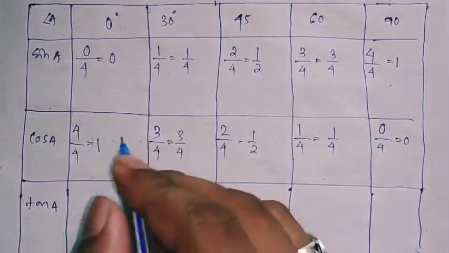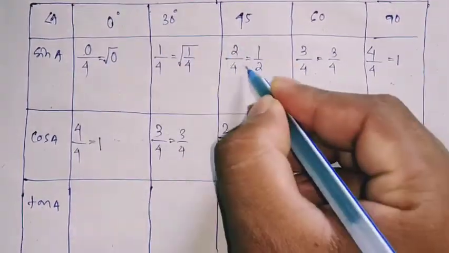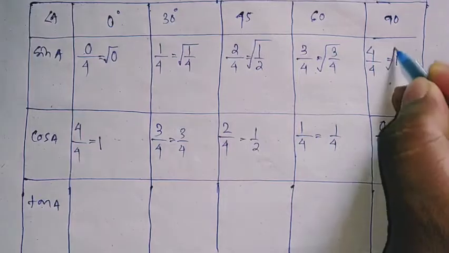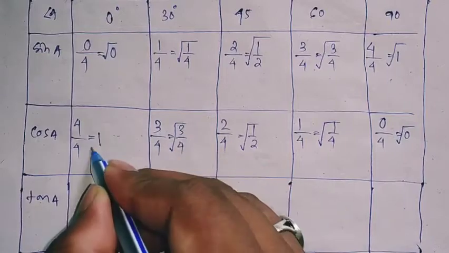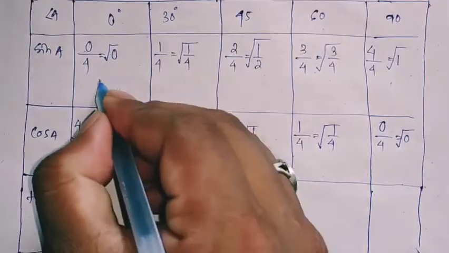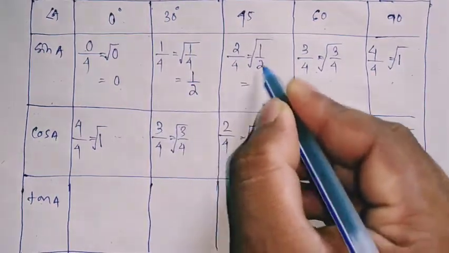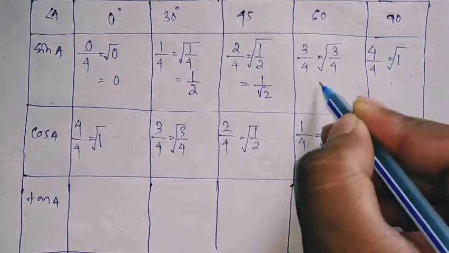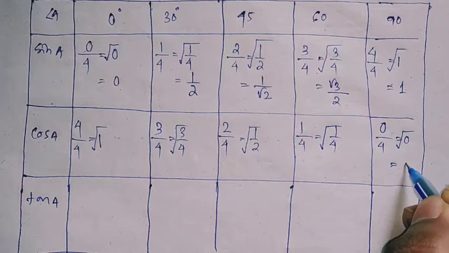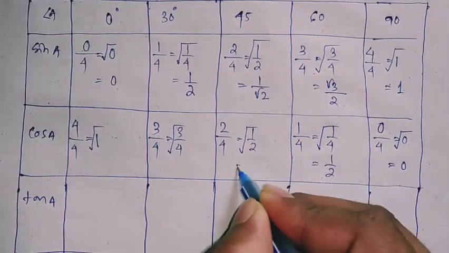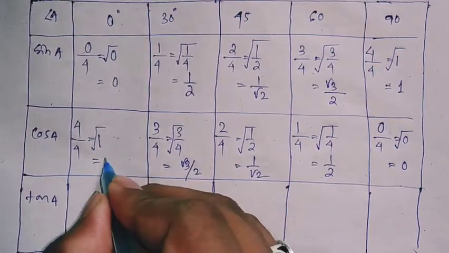Now take the square root of them. So from here what we will get: square root of 0 is 0, square root of 1 by 4 is equal to 1 by 2, square root of 1 by 2 is equal to 1 by root 2, square root of 3 by 4 is equal to root 3 by 2, and square root of 1 is equal to 1.